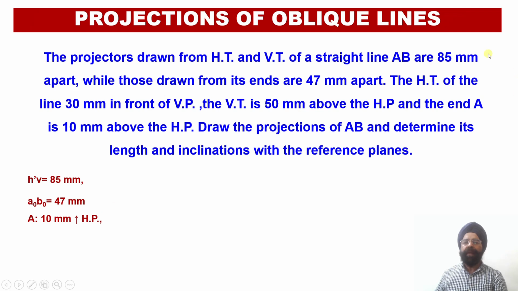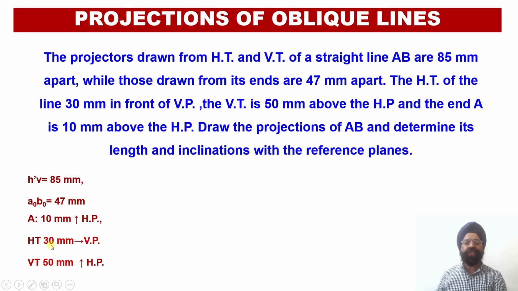Besides this information, we have been provided with information regarding the horizontal trace and the vertical trace of the line. The horizontal trace of the line lies 30 millimeter in front of the vertical plane, while the vertical trace lies 50 millimeter above the horizontal plane.